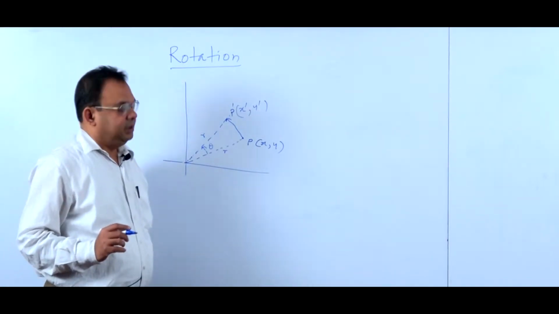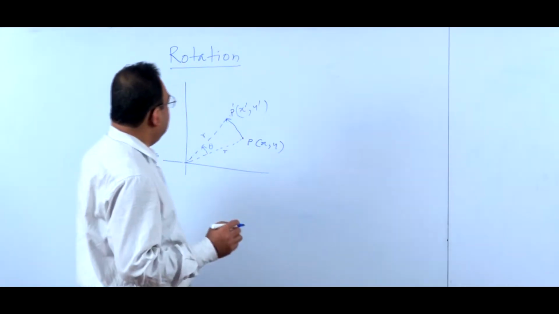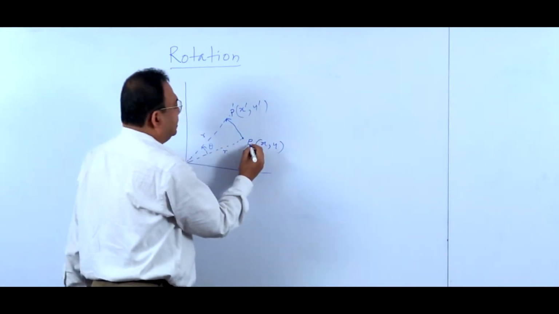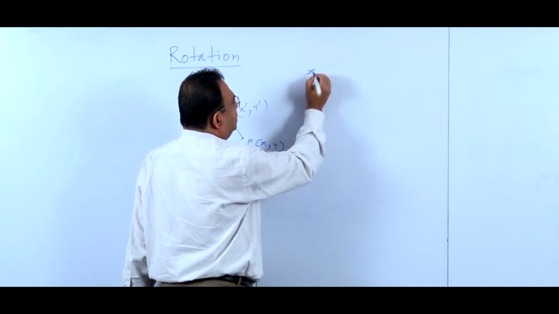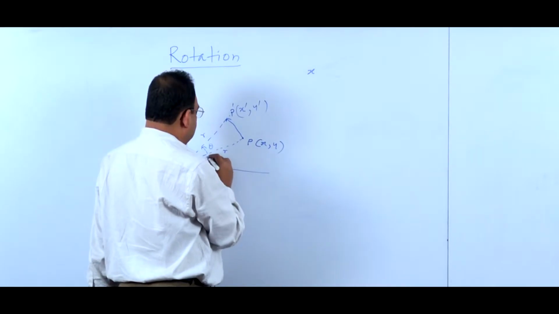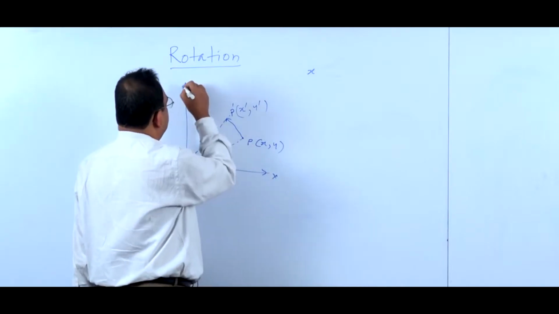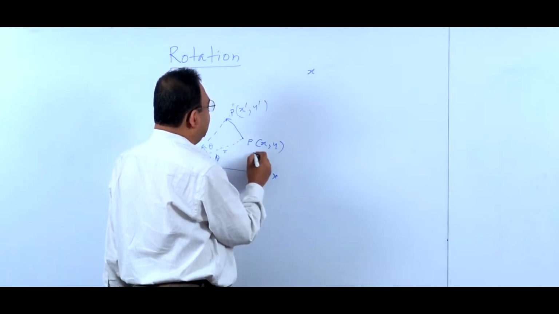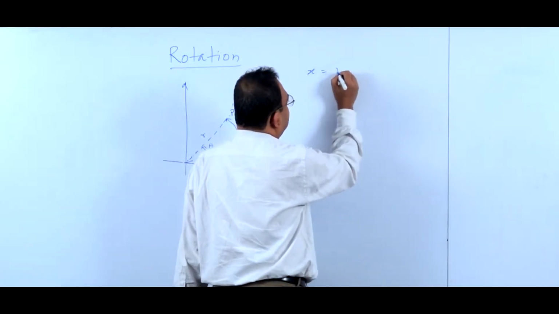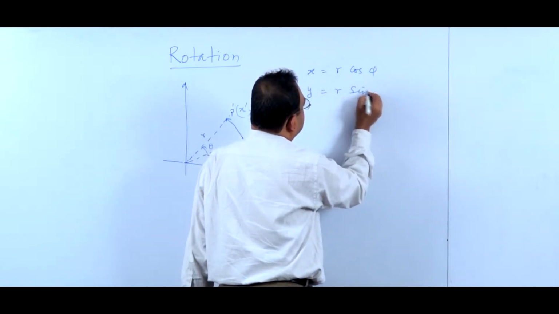Now let us try to obtain the transformation equations for pure rotation. We can write that the original object point P is represented by r phi. Let phi be the angle with the x axis. So the polar coordinate for P is r phi, and we can say x is equal to r cos phi and y is equal to r sin phi.